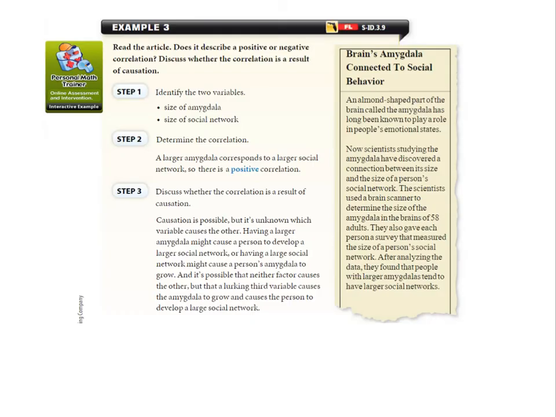So in example 3, we're deciding whether that correlation is a result of causation. Do the variables actually cause each other to increase or decrease? So the first thing is take a moment to read the article.